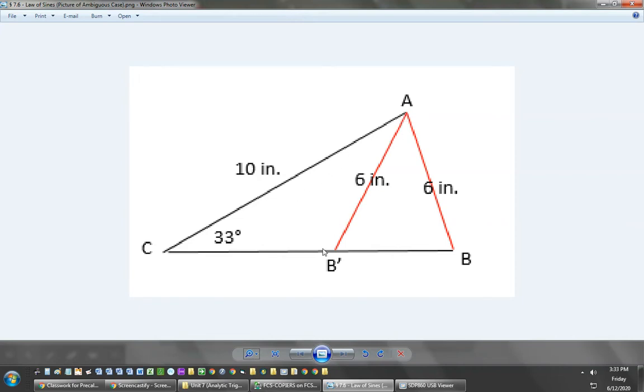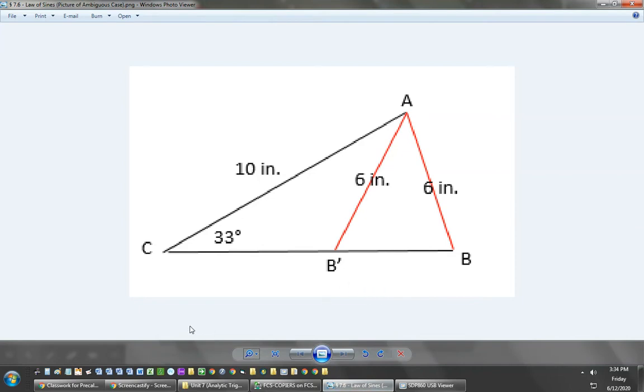So this triangle right here is a possible triangle. Or I could take that side that's a length of 6, and I can push it out the other way and extend this length called little b, or no, sorry, this would be little a, and I would get another triangle that's legit. Both of these triangles are possible. We don't know which one is the correct triangle. That's why we call this the ambiguous case. It's ambiguous which one is the right answer.